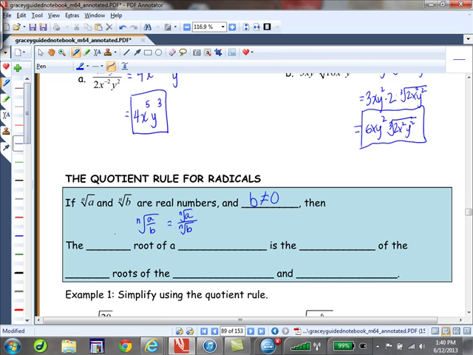So, in words, the nth root of a quotient is the quotient of the nth roots of the numerator and denominator.